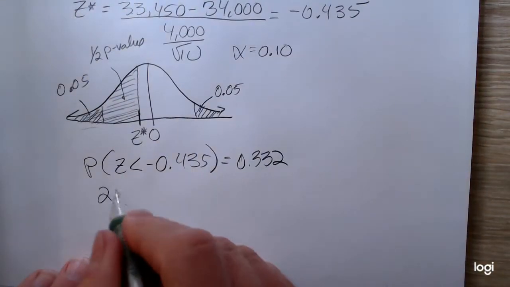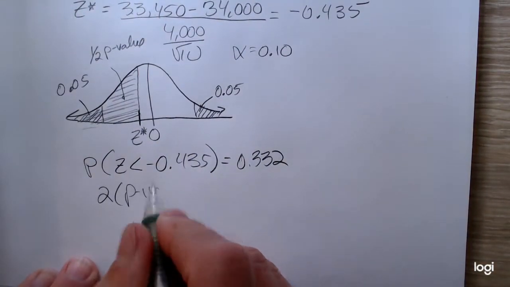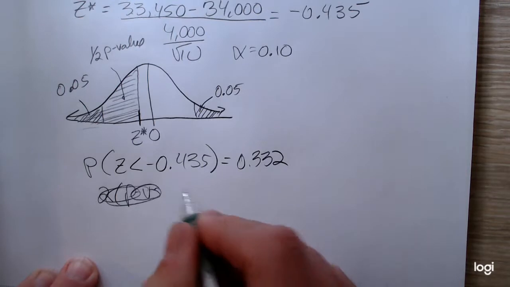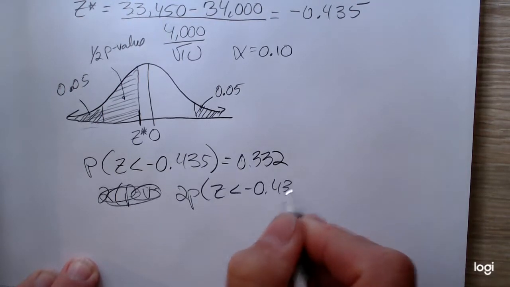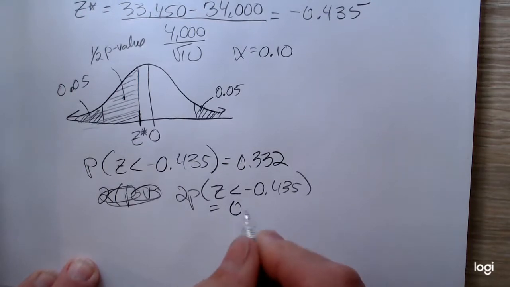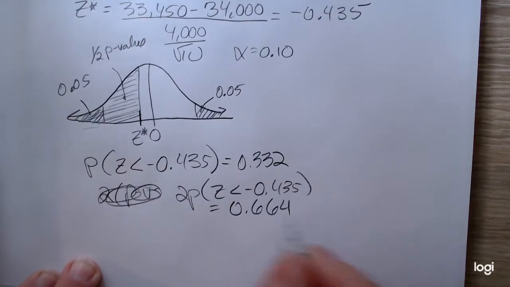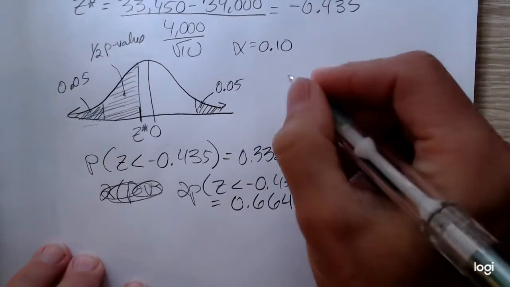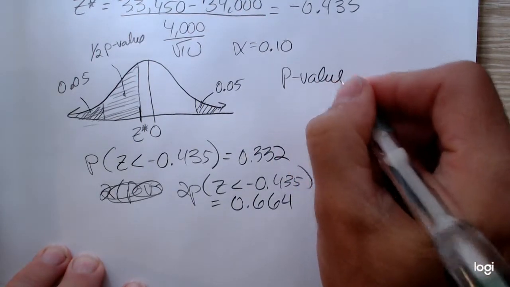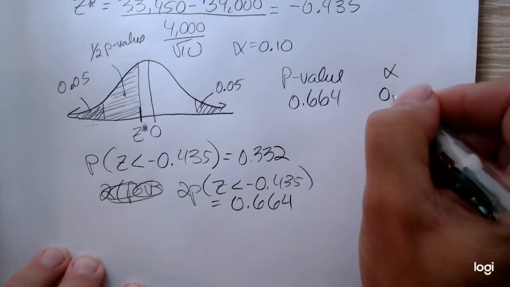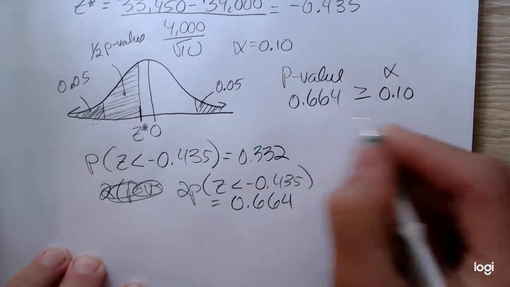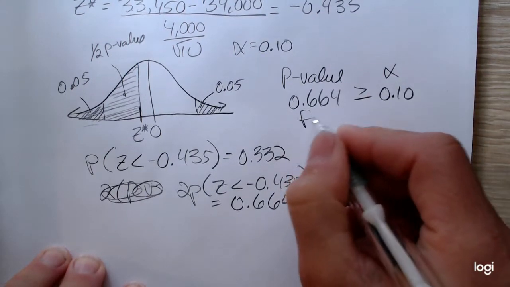So 2 times the probability z is less than negative 0.435, we get 0.664. Now when your p-value is greater than or equal to your level of significance, you know the decision is to fail to reject the null.